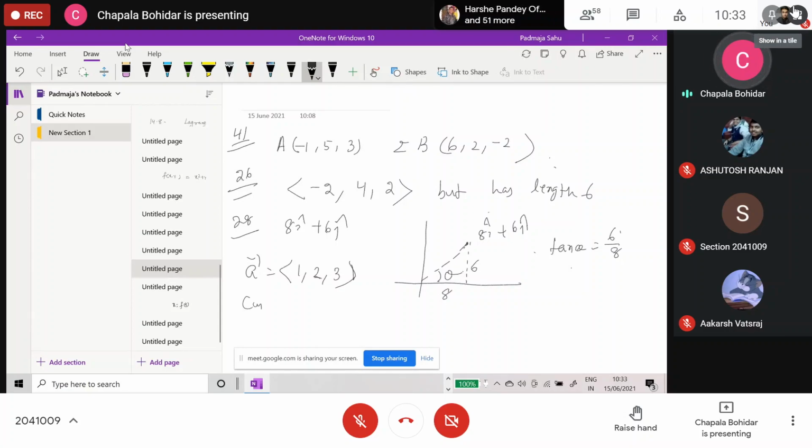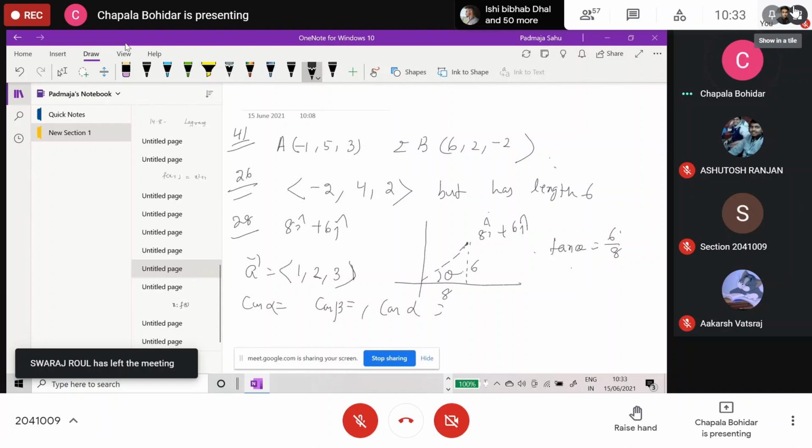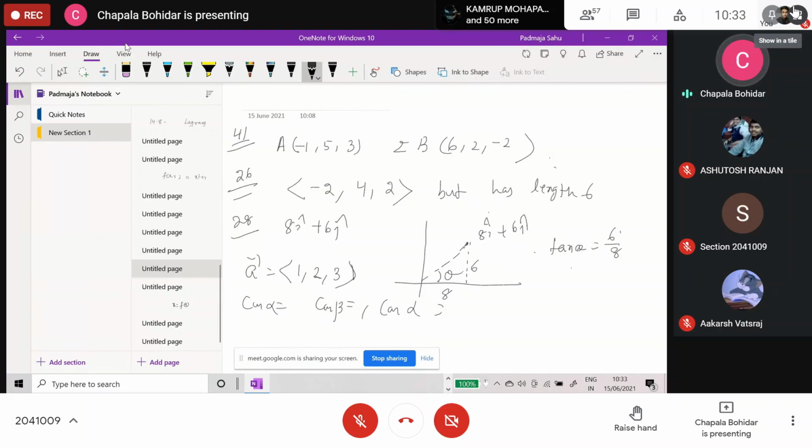Direction angles: cos alpha, cos beta, cos gamma. Cos alpha is equal to 1 by root 14.